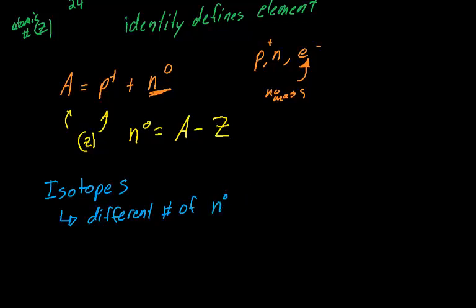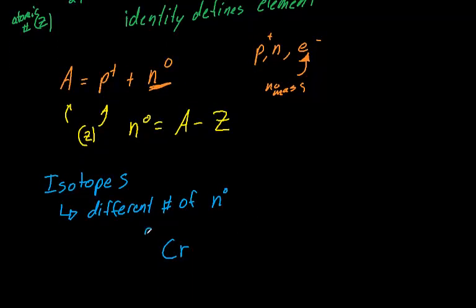So in the case of chromium, in our example we had 52 as our atomic mass and 24 as our atomic number, and so we could easily have 53 and 24, and this just means that there's one additional proton, or excuse me, one additional neutron, because if we were to have an additional proton, if this were 25, now it's no longer chromium, it would be manganese. So isotopes can differ per element.